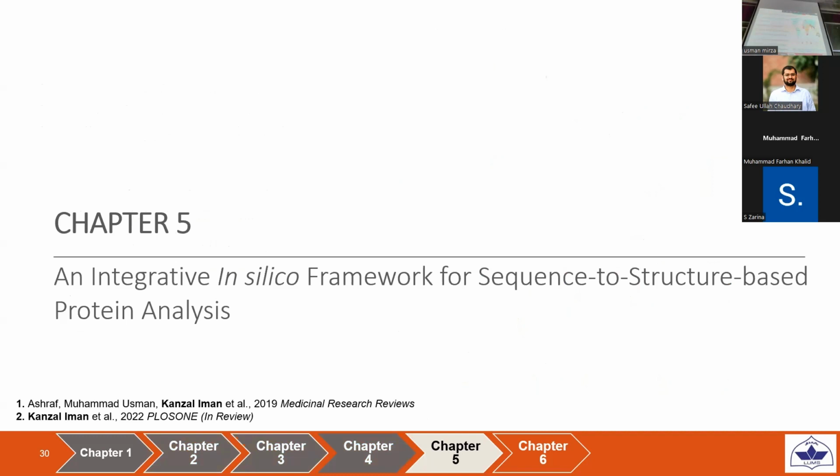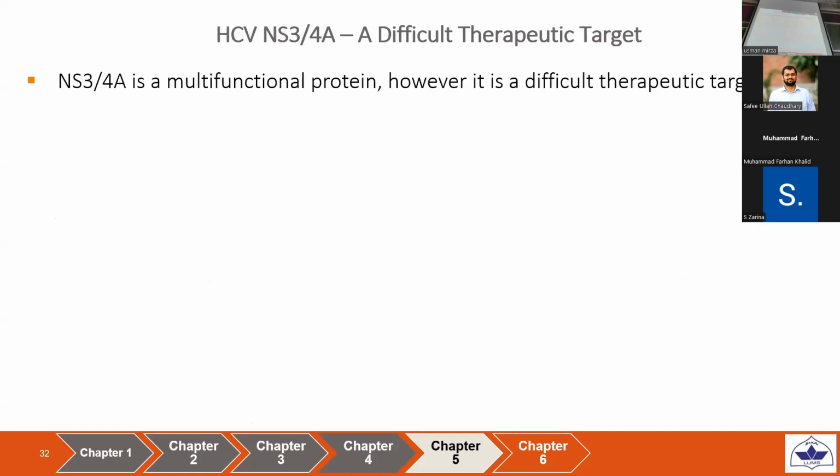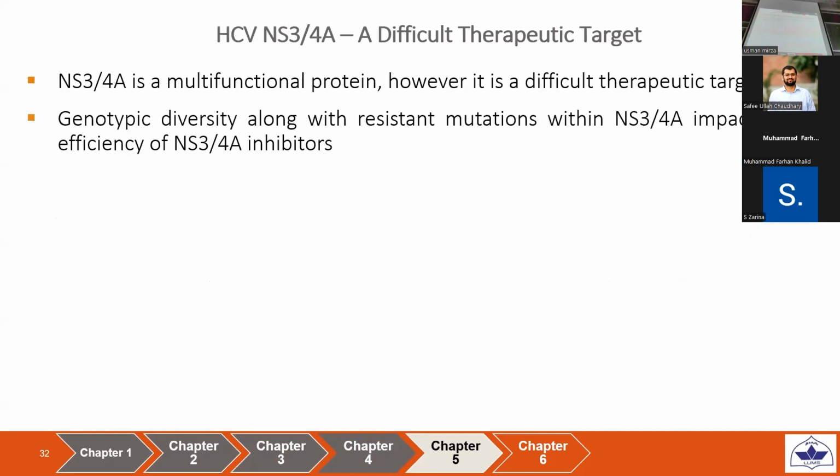The application we have chosen is for hepatitis C virus infection, the NS3/4A protease. NS3/4A is a very difficult therapeutic target. It is a multifunctional protein, and due to genotypic diversity and resistant mutations, it impacts the efficiency of NS3/4A inhibitors.